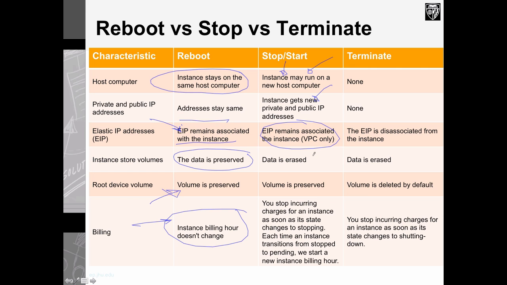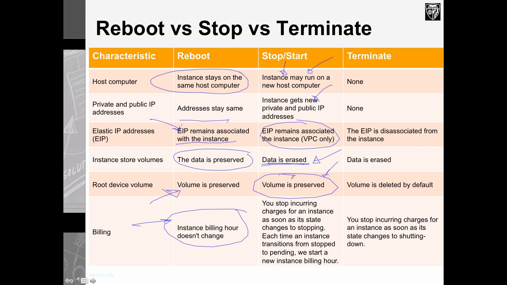The data on the instance store, the temporary disk store that Amazon provides, is gone, because you're coming up on a different physical server, and the instance store is on the local disk. The data gets erased if you stop and start an instance. However, if you are using an EBS volume, an external disk, or the operating system disk that is on an EBS, nothing happens to that data.